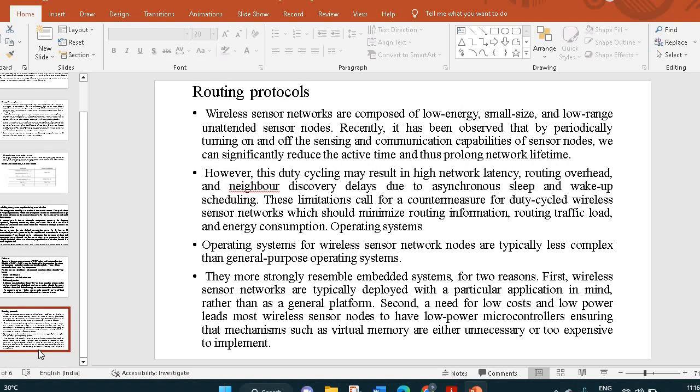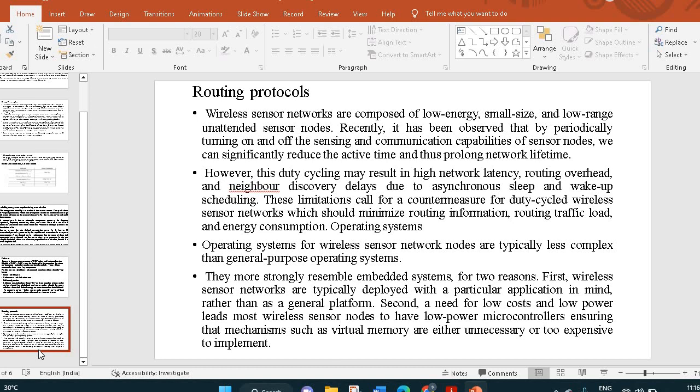Then routing protocols. Wireless sensor networks are composed of low energy, small size, and low range unattended sensor nodes. Recently, it has been observed that by periodically turning on and off the sensing and communication capabilities of sensor nodes, we can significantly reduce the active time and thus prolong network lifetime.